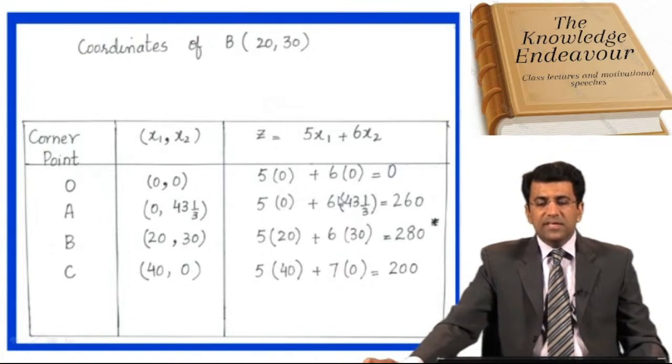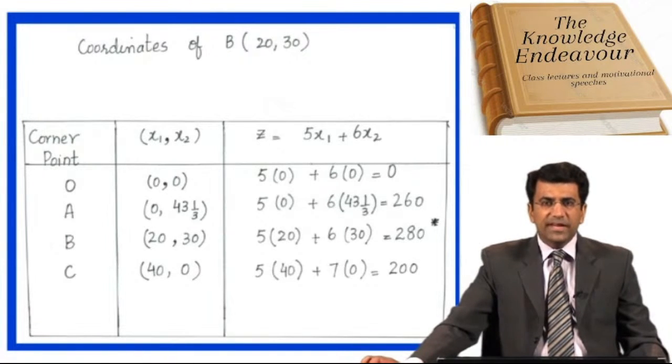Now class, these are the different alternatives available before the operations manager, and of course he will have to decide about the maximization of profit, and find out the best combination of the products X1 and X2 which can maximize his profit.